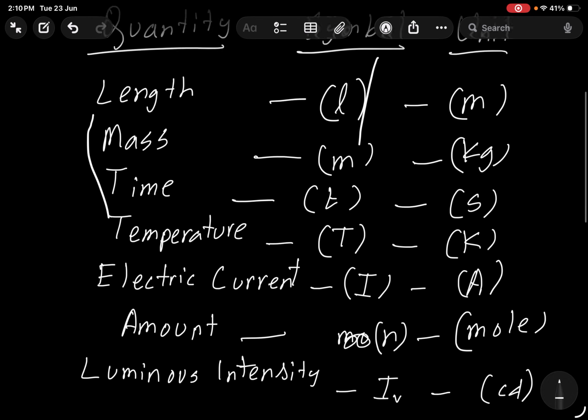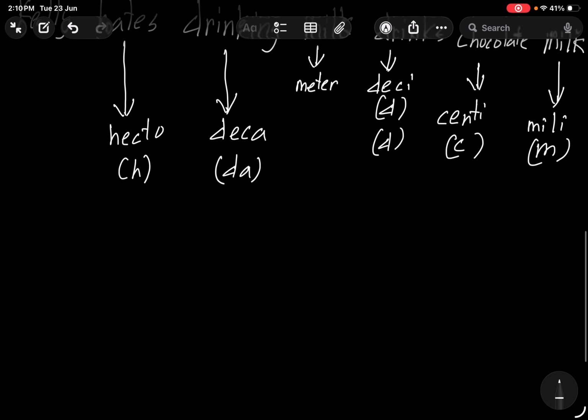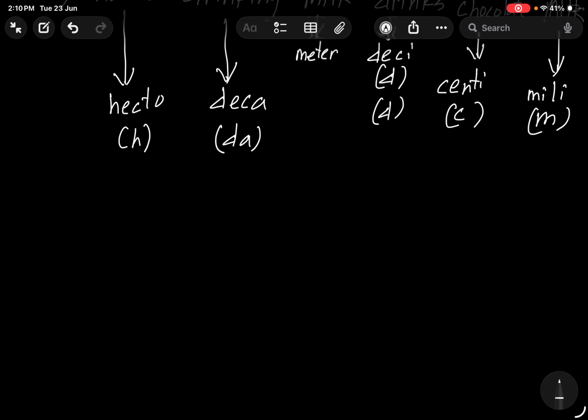Now these are the base units. That means any other quantity can be represented by a combination of these, but these quantities cannot be represented by other quantities. Let me show you an example. For example, 1 joule. Joule is the unit for work done.